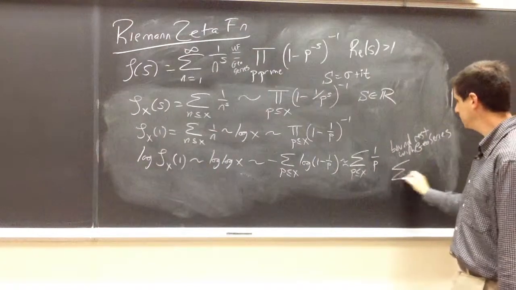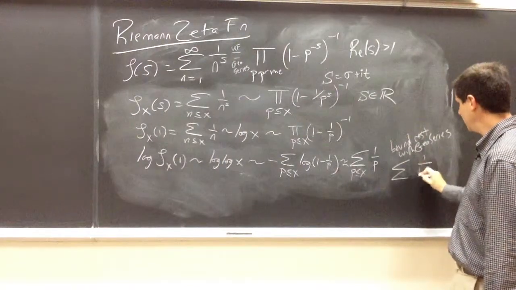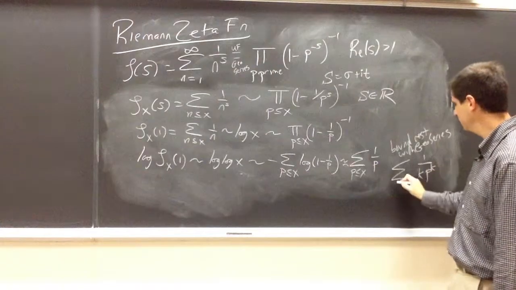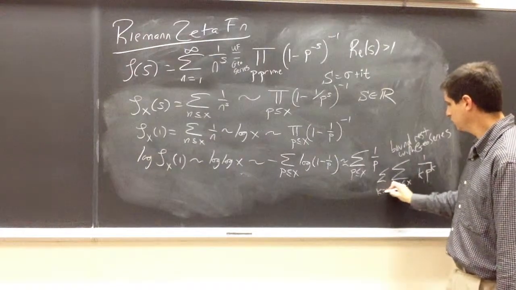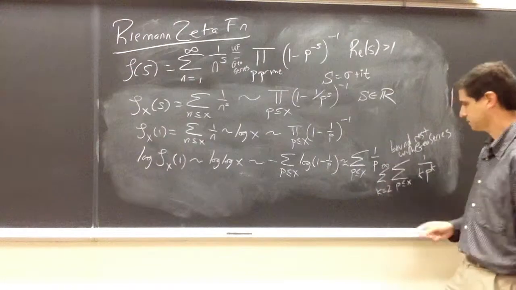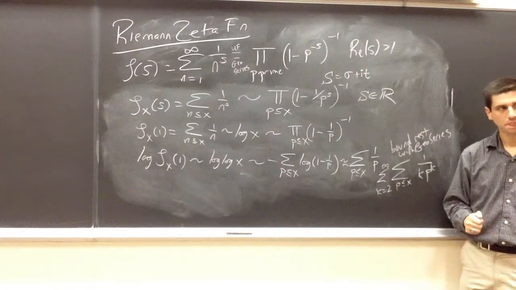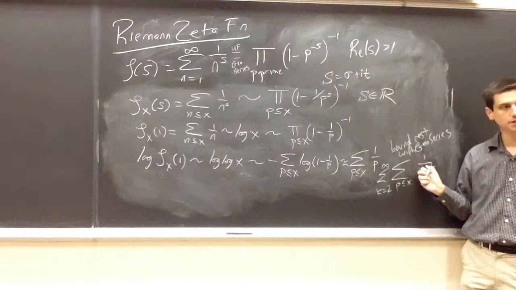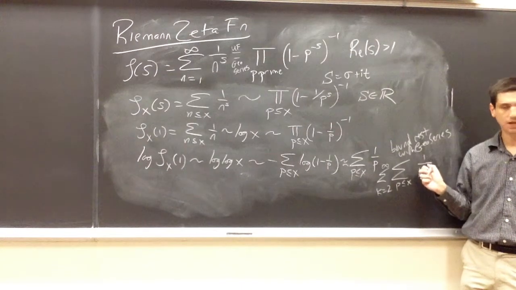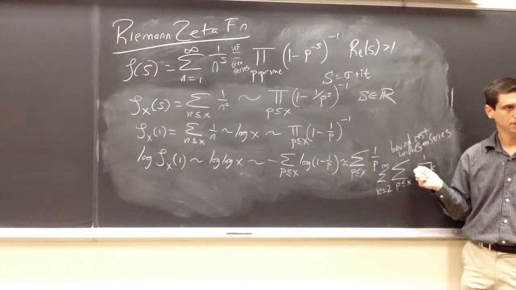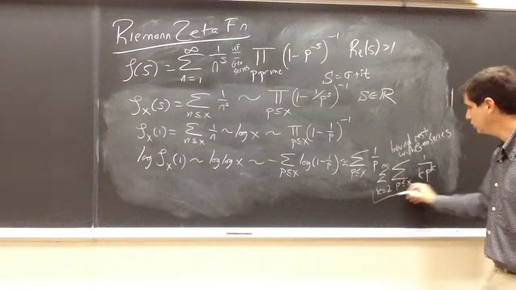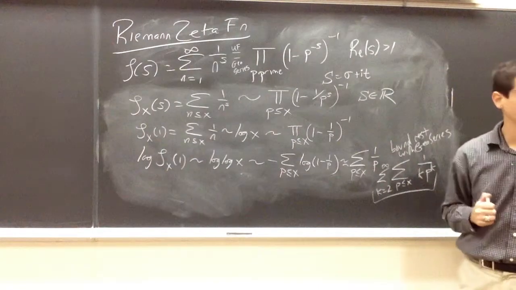You'll have a sum of 1 over k p to the k, p less than or equal to x, k goes from 2 to infinity. If I drop the k's here, I can use the geometric series. I can even extend the primes to being all the integers. And so as a nice exercise, bound the contribution from all this. It's going to be a finite number.